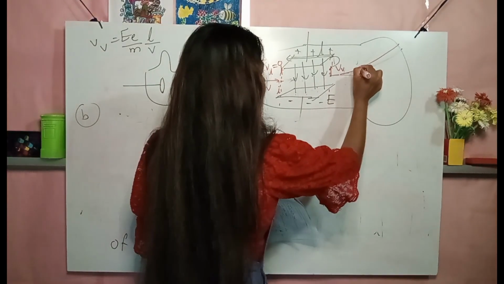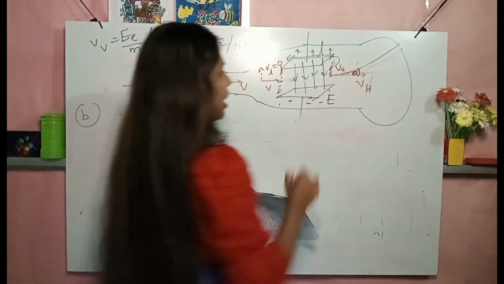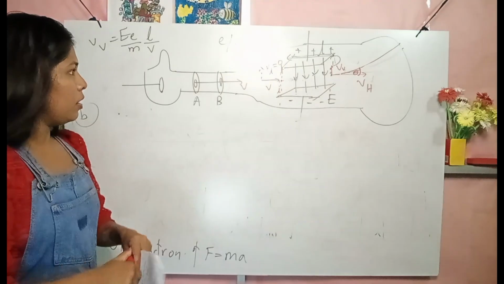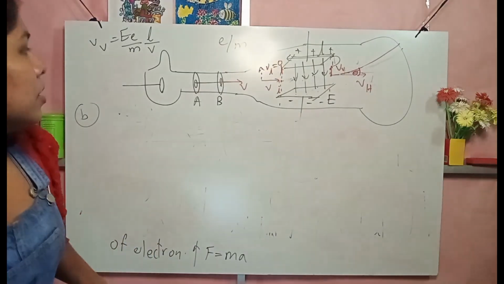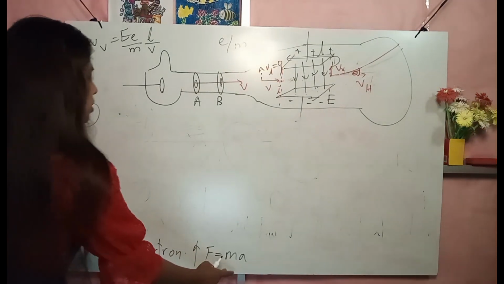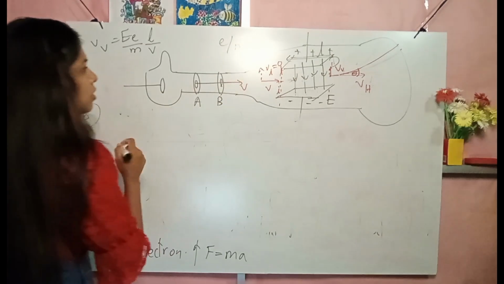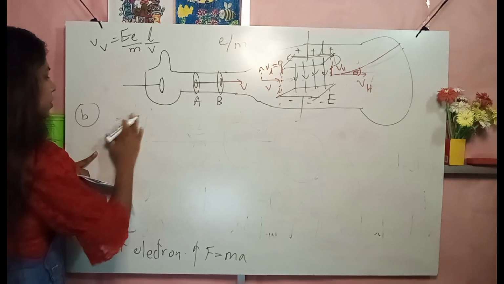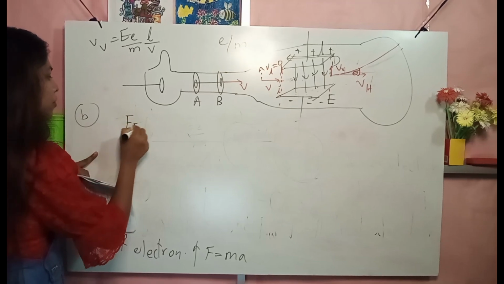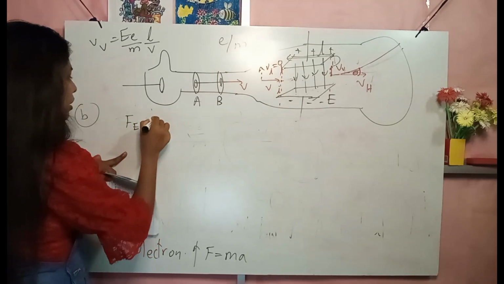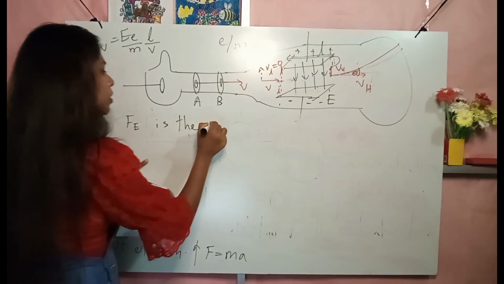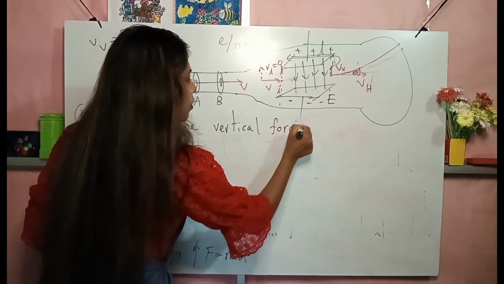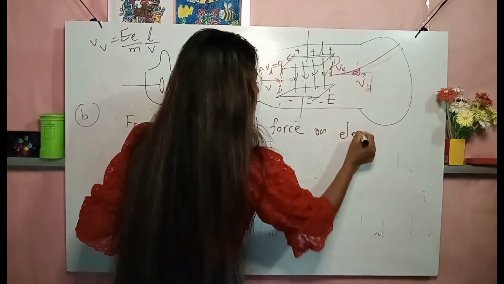And let's take this deviation angle as theta. Then this is how to apply Newton's second law for this motion. Fe is the vertical force on the electron.